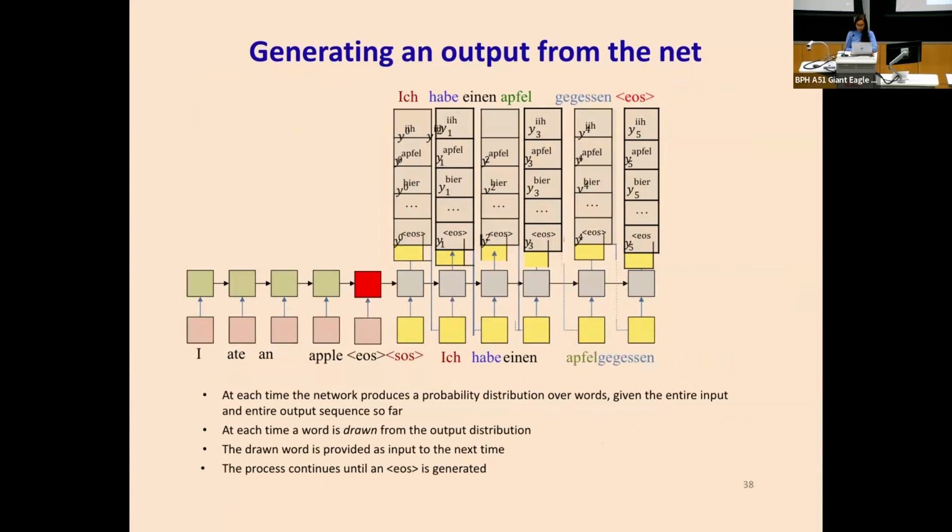Now coming to generating an output from the net. In the decoder, you start off with the SOS token and the last hidden state from the encoder, as you can see here, this red box and the SOS token. And you generate a probability distribution over your German vocab. So what you're basically doing here is, at each time step in the output, you'll have a probability distribution among all the classes or words that are present in the language model.